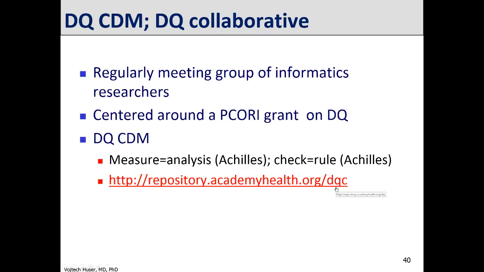They meet regularly, mostly with an informatics focus, informatics researchers rather than health services researchers focused on a given problem. The core enabler was a grant from the Patient-Centered Outcomes Research Institute focused on data quality, which I believe is almost at the final stages now.